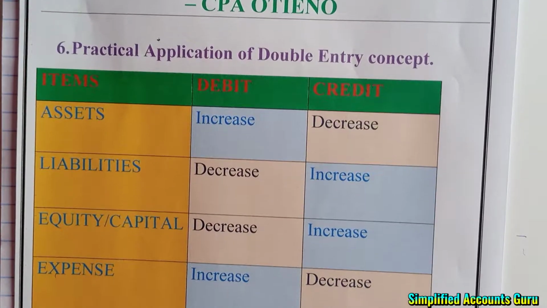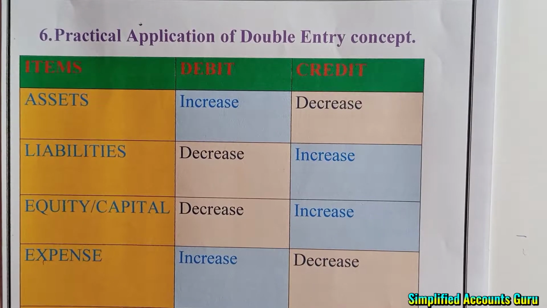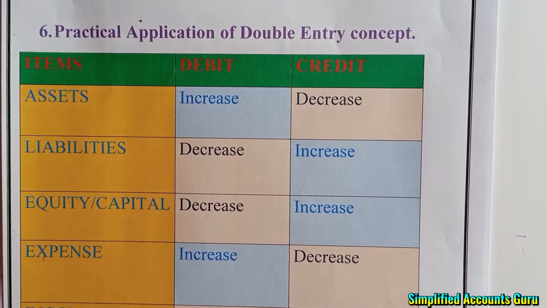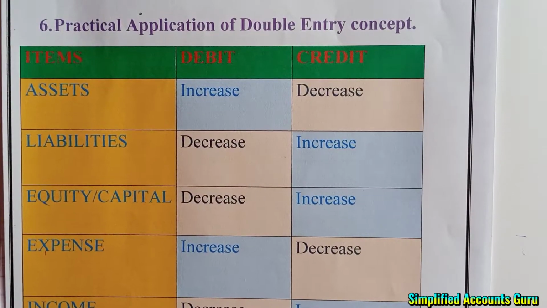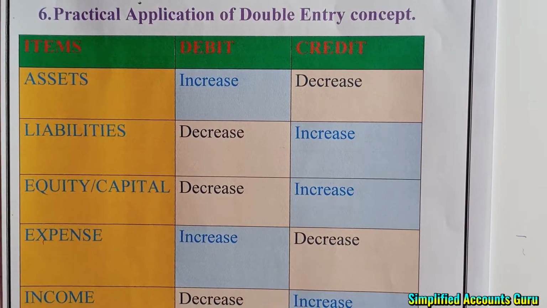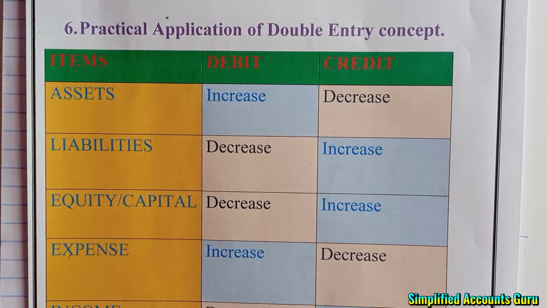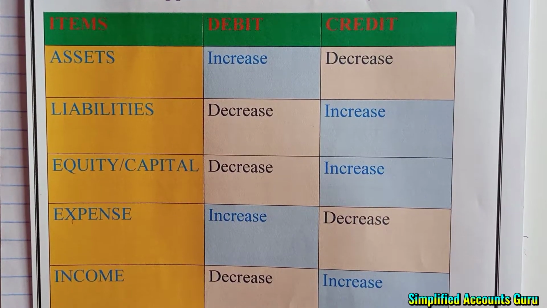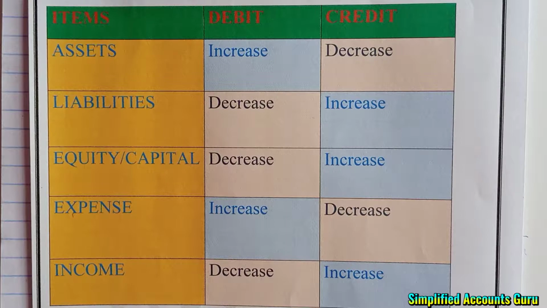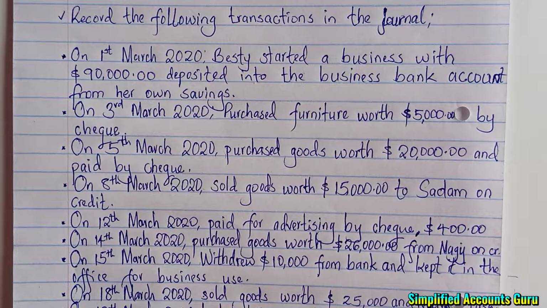I would like to remind us about the practical application of the double entry concept that we discussed in the second lesson. We said that we are going to borrow much from this table. So today, a time has come that we want to start implementing whatever is captured in this table. Let us start with the one that happened on 1st March 2020.